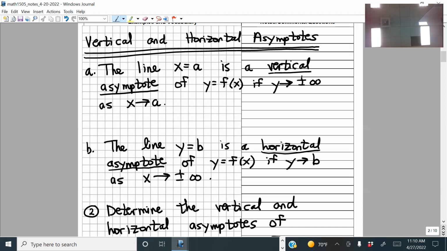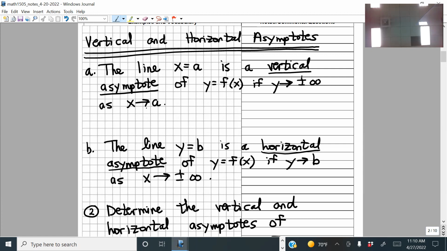So a vertical asymptote is a vertical line, so it has an equation of this form: x equal to some constant, right? And what happens at a vertical asymptote is the y values are going to get close to either positive or negative infinity as your x values get close to this constant.